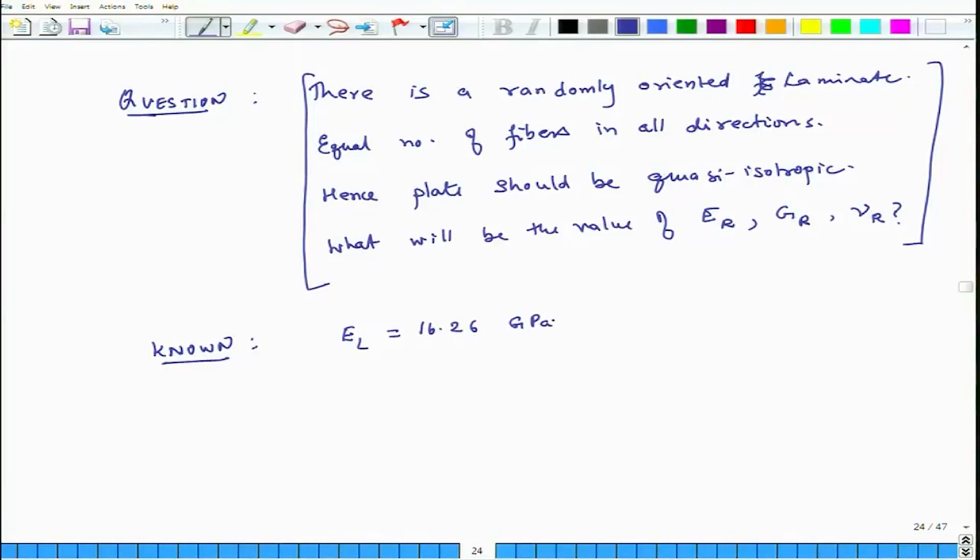Suppose I know this, and I also know the transverse modulus of a unidirectional plate made of the same material, and the transverse modulus is 4.53 GPa. GLT is 1.49 GPa and Poisson ratio is 0.32. So, this is what we know.